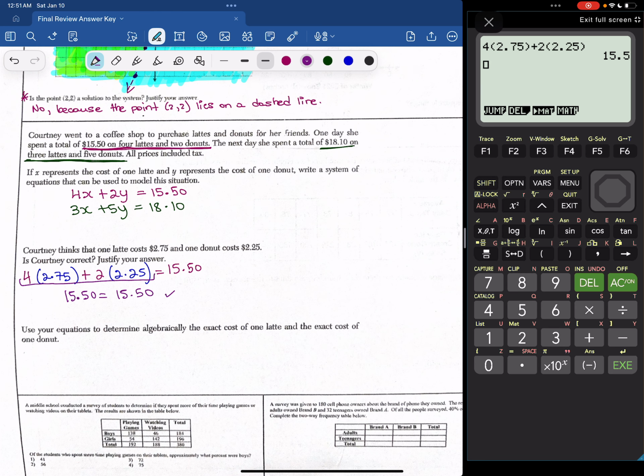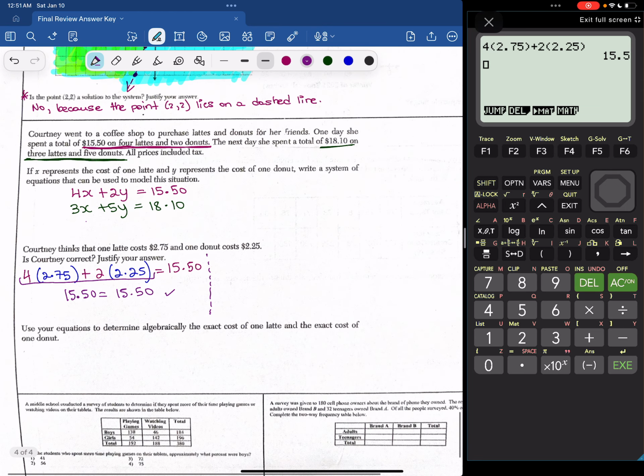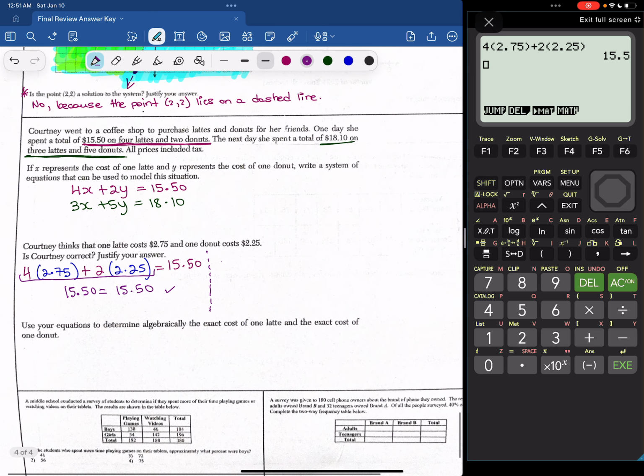So we still need to substitute these values into our second equation. I'm going to do it right on the side here. So we're substituting 2.75 and 2.25 into the second equation, 3x plus 5y.